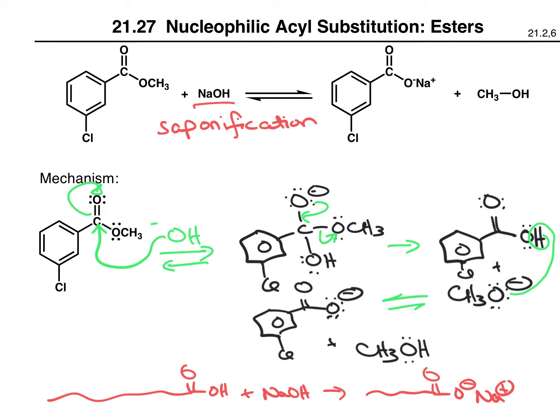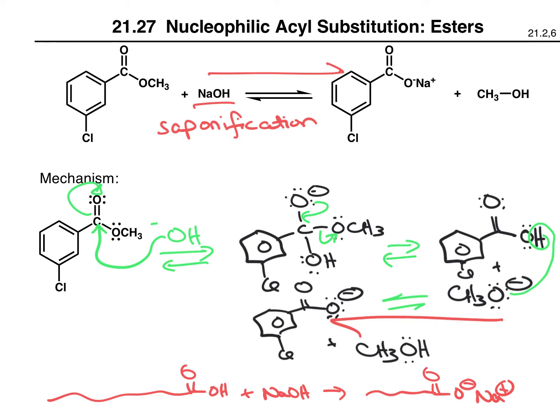Actually, each of these steps is an equilibrium step, and it's this last step, because of the different pKa values between a carboxylic acid and an alcohol, this equilibrium lies very far toward the products, so this pulls the entire equilibrium for the reaction toward the products.